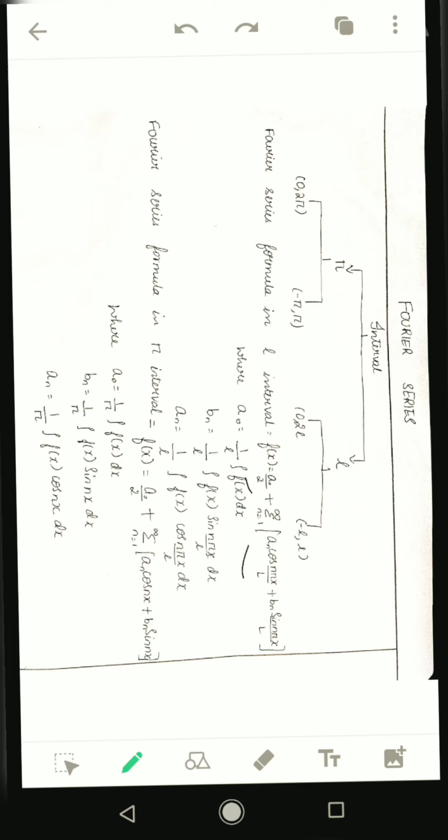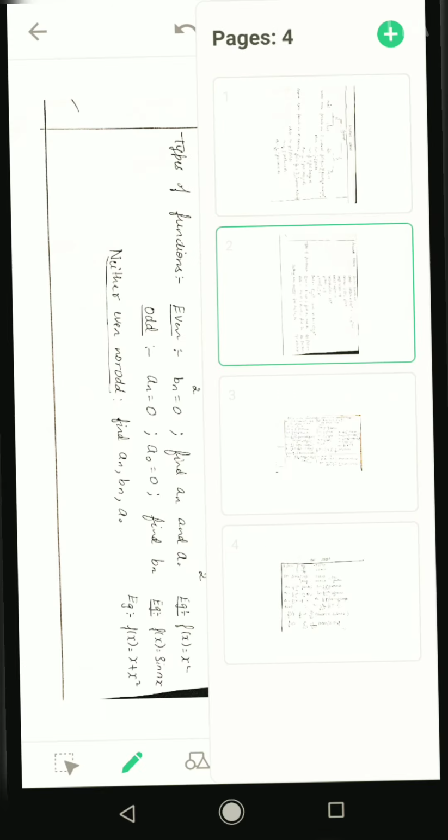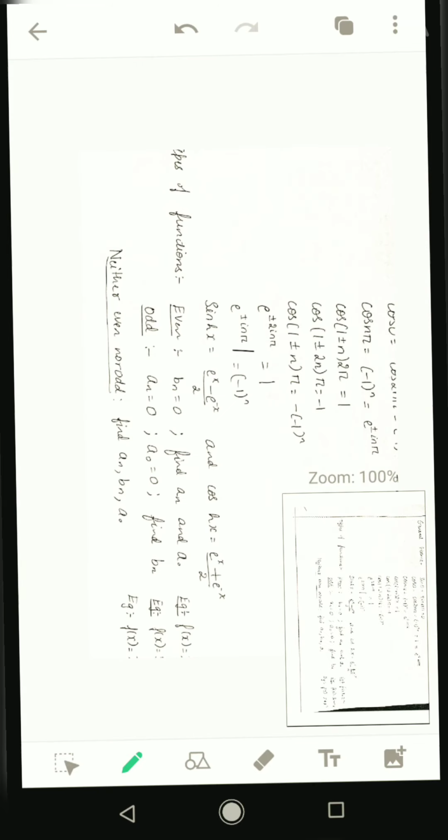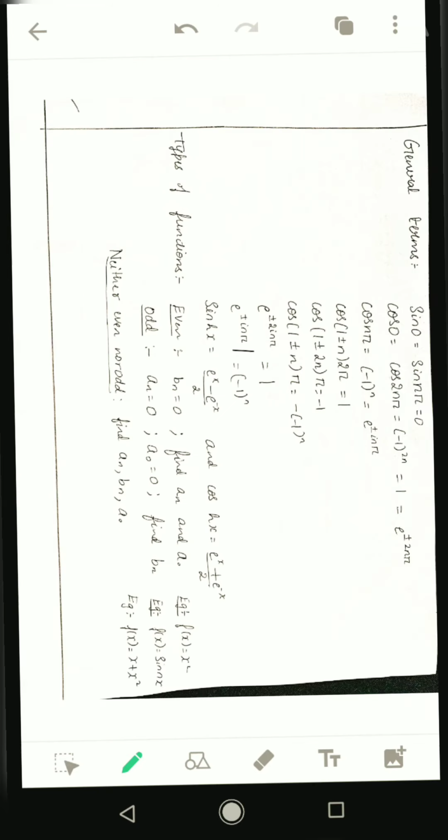And you will be finding the values of a naught, bn and an depending on whether the function is even or odd. I'll explain that later. So now, you will be given the formulas in the description, and you have to remember the general terms, which will make it easier for you to solve the problems in Fourier series.